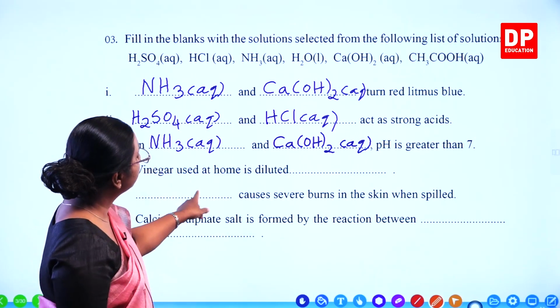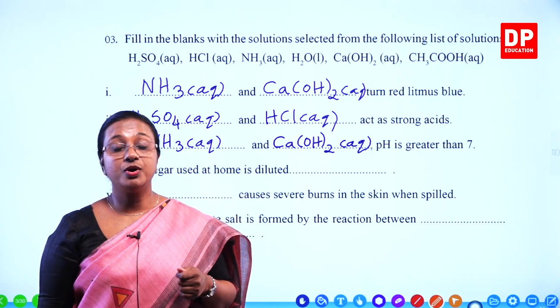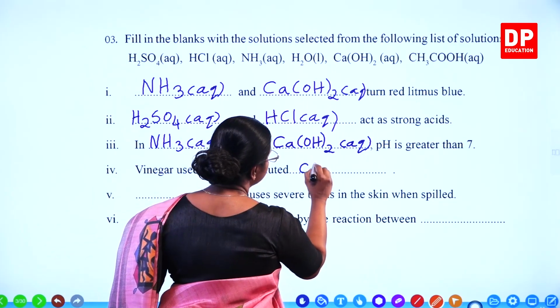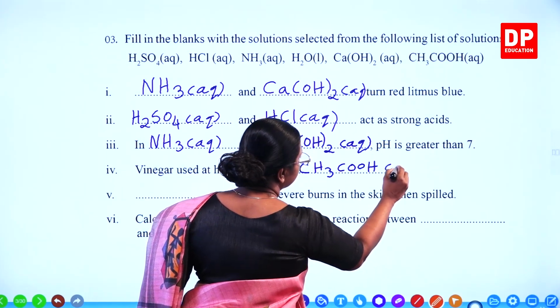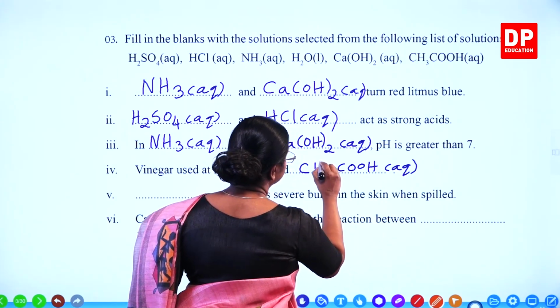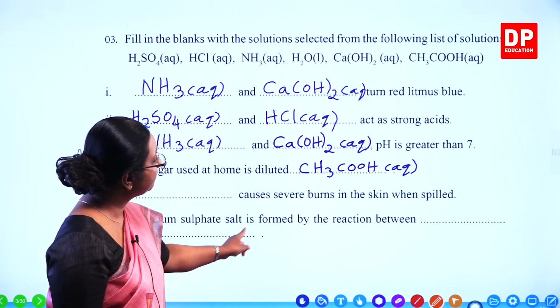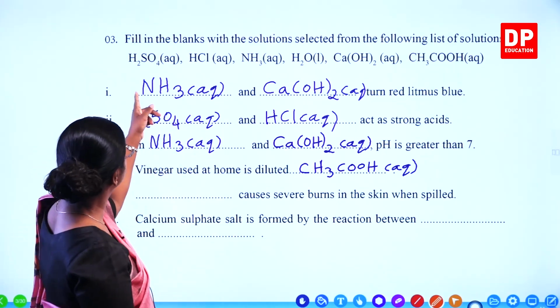Vinegar used at home is diluted acetic acid. We have discussed this before. Vinegar is dilute acetic acid. So, diluted CH3COOH aqueous. Then the next one, causes severe burns in the skin when spilled. What causes severe burns?